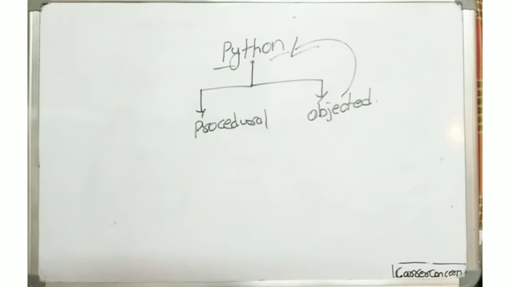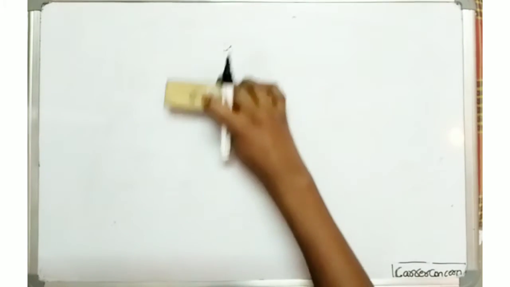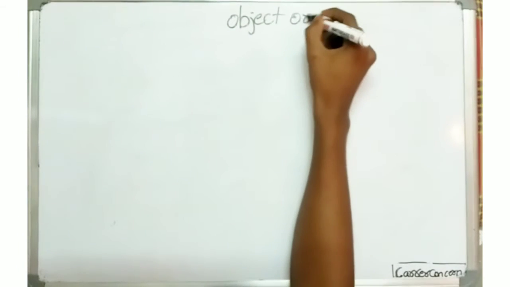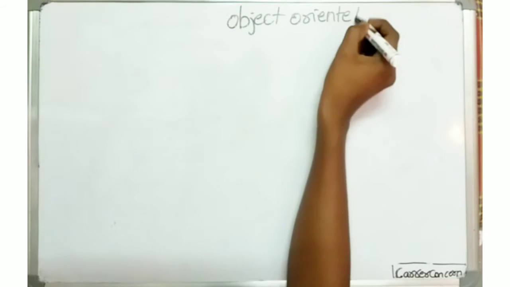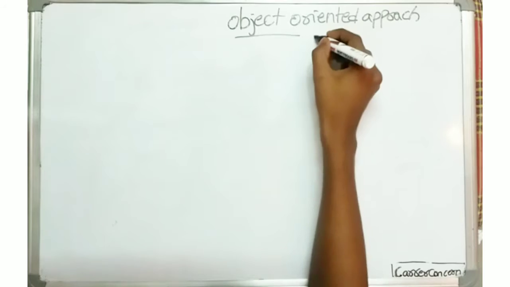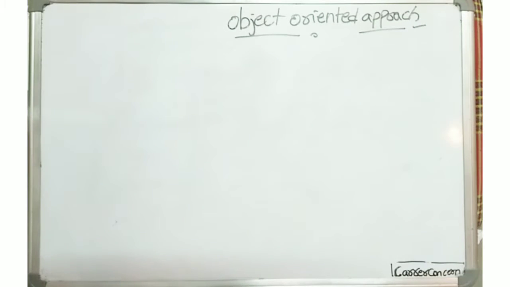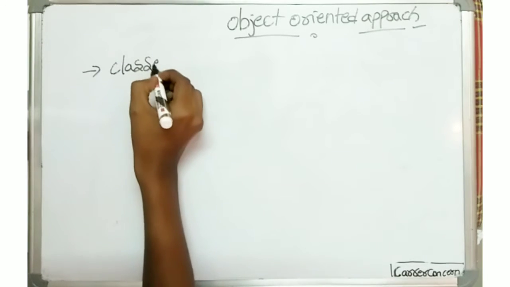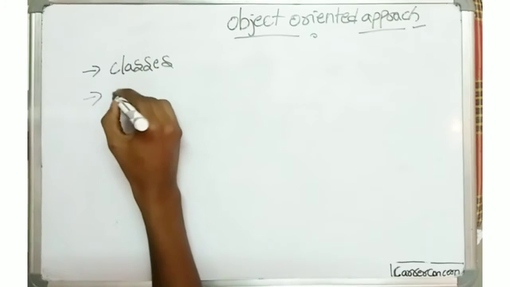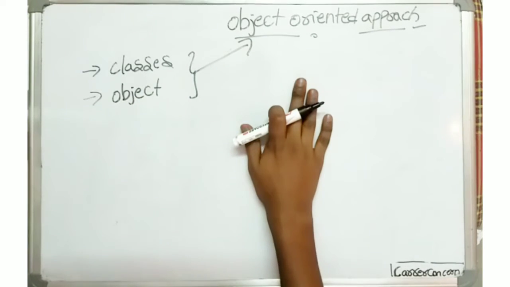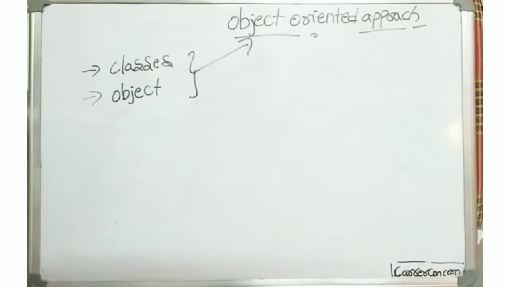Is this point clear? Coming to what we have in object-oriented programming: first we have classes, second we have objects. With these two, the entire object-oriented programming is based.